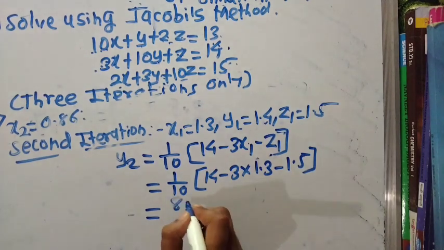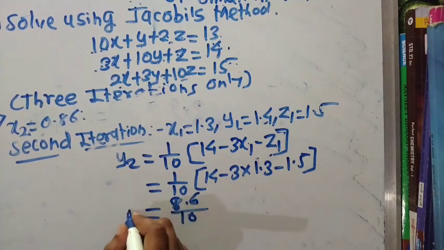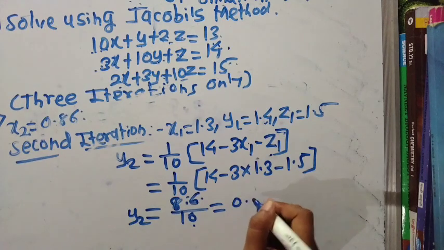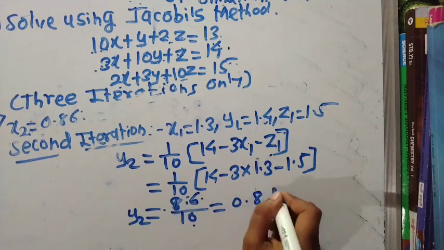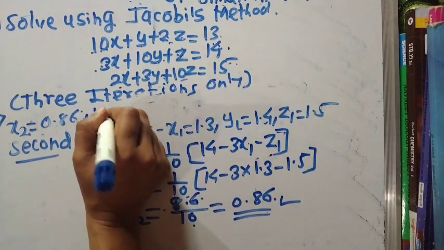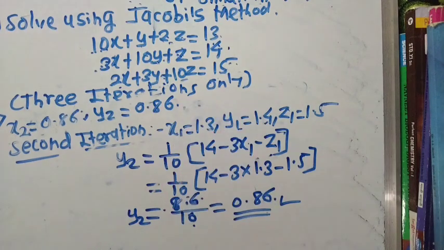So here 8.6 divided by 10 is 0.86. So y2 is also equal to 0.86.